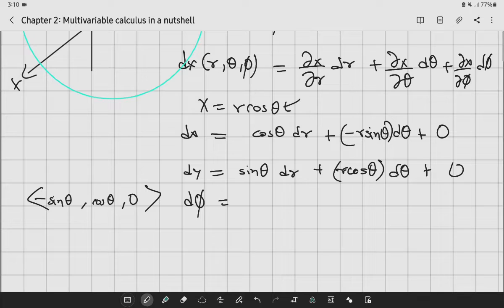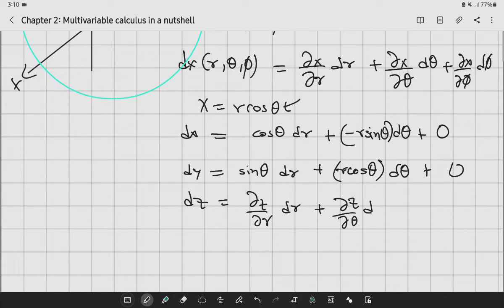So I must have, let's do this in detail actually. Partial, this should have been dz. dz equals partial z over partial r dr plus partial z over partial theta d theta plus partial z over partial phi d phi, where z is equal to r sine theta, right?